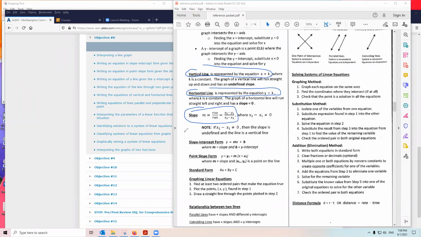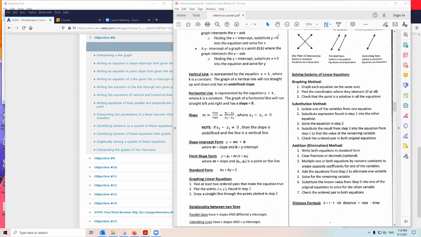And here is what's called the slope-intercept form, y equals mx plus b. M is the slope, b is the y-intercept. Here's another form, it's called the point-slope form, y minus y1 equals m times x minus x1. All right, we'll use these and explain how to apply these in just a few minutes.